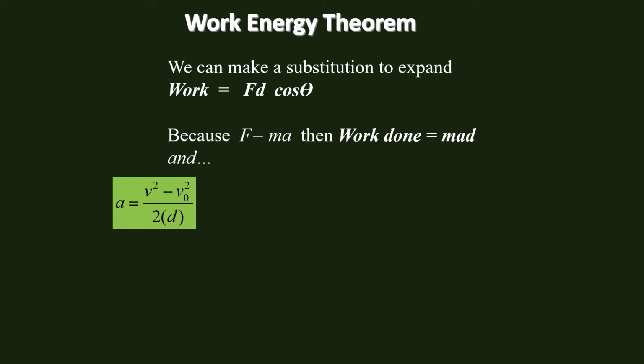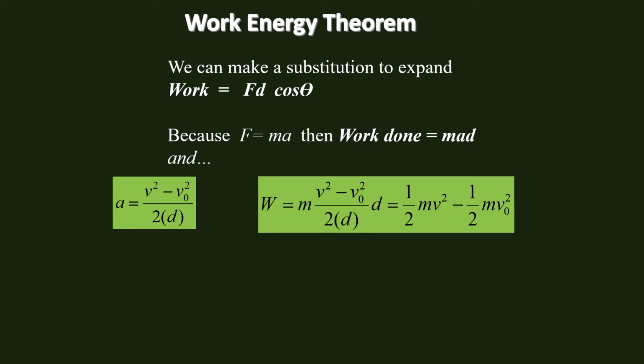Okay, so this acceleration equation, which you should know, is v squared minus v naught squared equals 2 times acceleration times displacement. So we're just using that equation and solving for acceleration. And then we're going to plug that into the mad equation for a, and we get this.